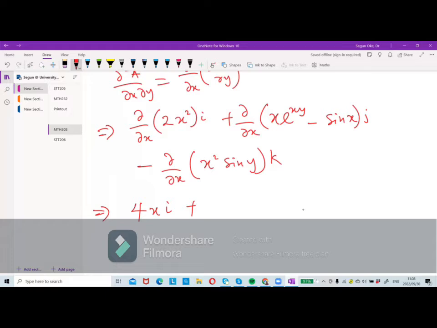For j, x squared y, and one of the y will go. Do you agree? Remember I said x. They are now bringing another xy. You want to differentiate them.